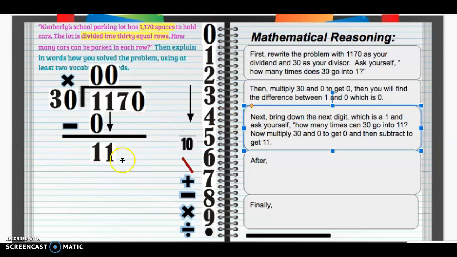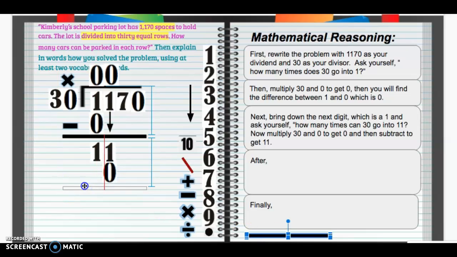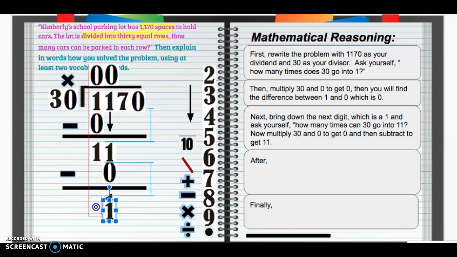Okay? So it is 0. So you would subtract, like we just said to do. And I'm subtracting. I would have 1 minus 0 is 1, and 1 minus 0 is 1, which is 11.